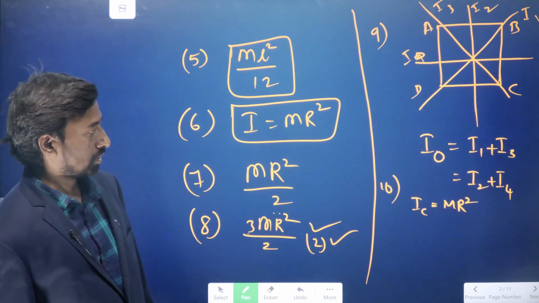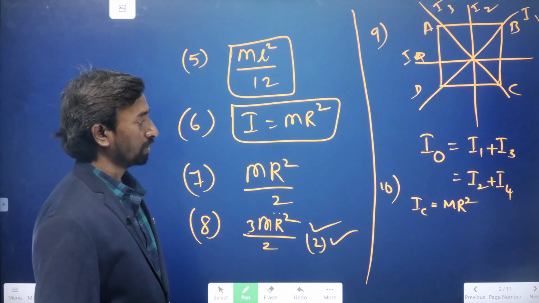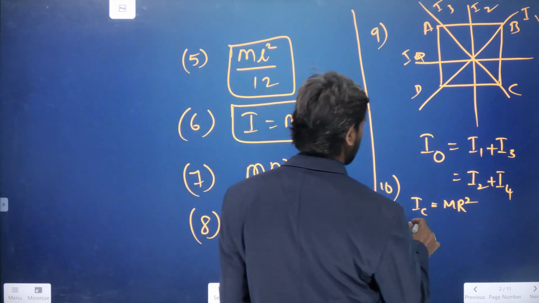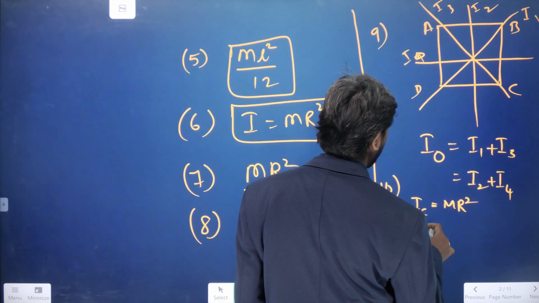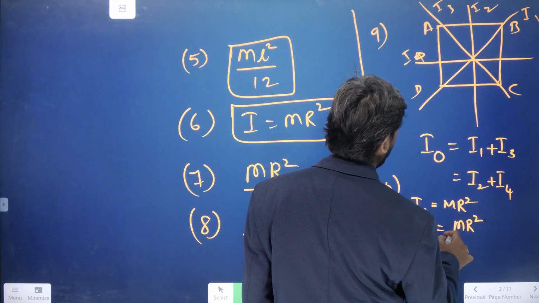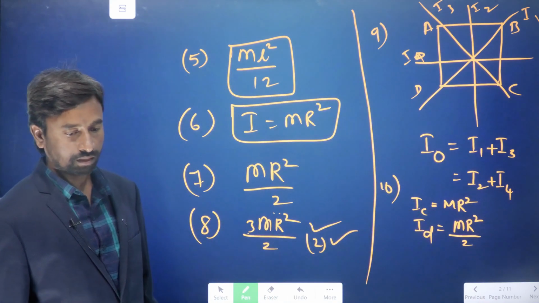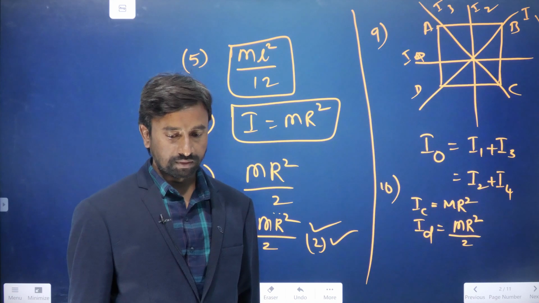The moment of inertia of the circular ring about the diameter can be written as mr square by 2. Mr square by 2.